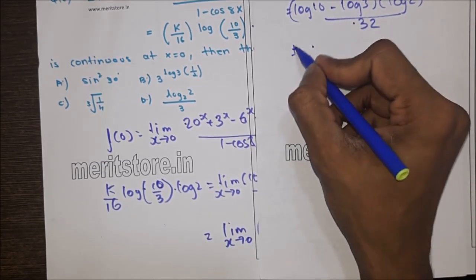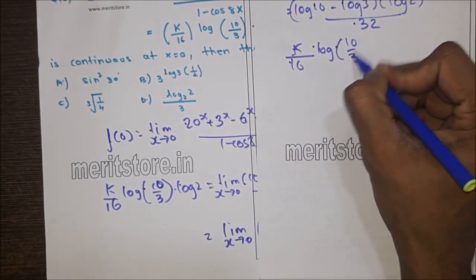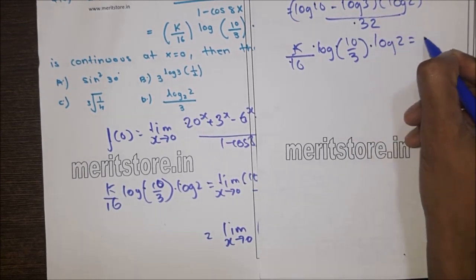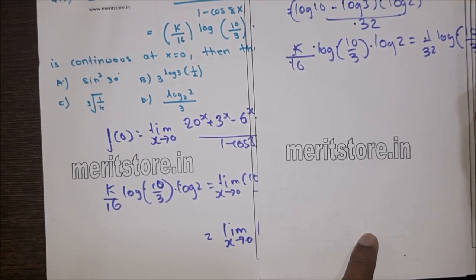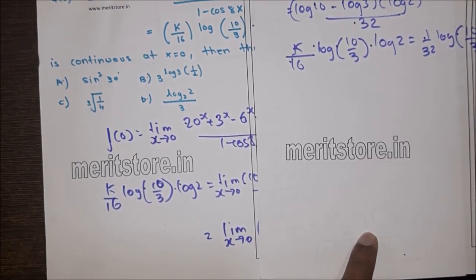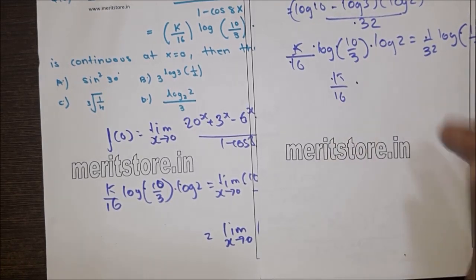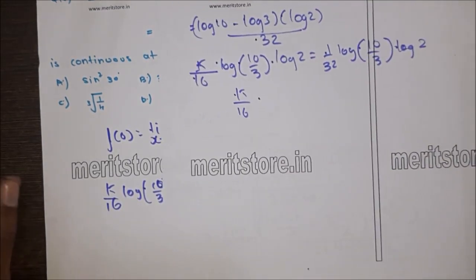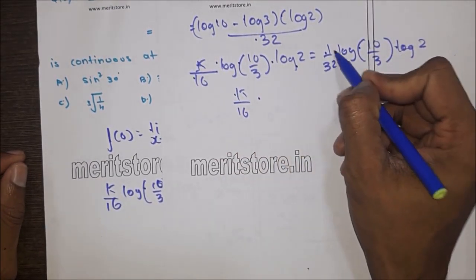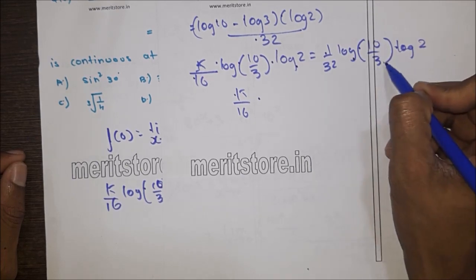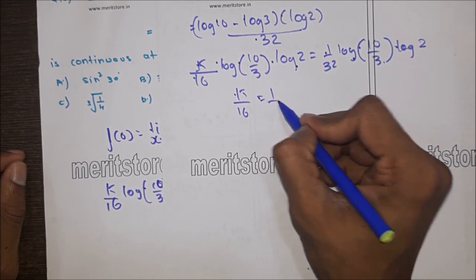Where we can write this as k upon 16 log 10 by 3 into log 2, which is equal to 1 by 32 log 10 by 3 into log 2. Therefore, we can write this as k by 16 equal to 1 by 32.